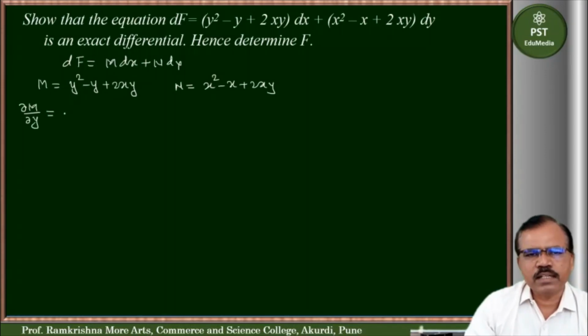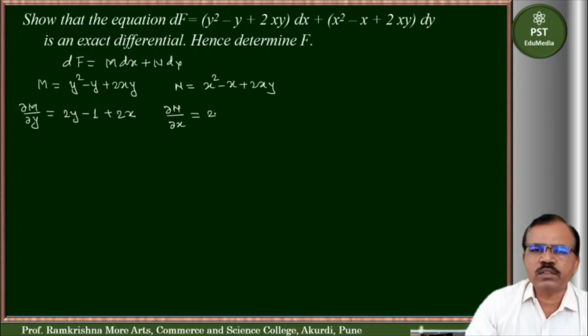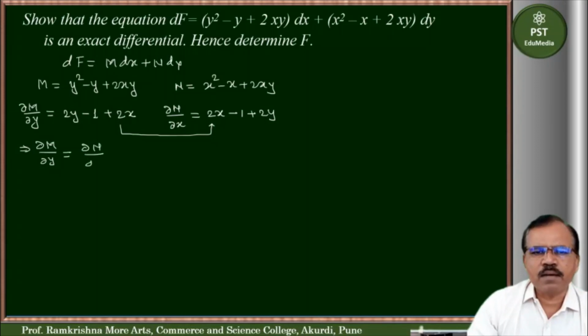Derivative of y square is 2y, derivative of y is minus 1, derivative of 2xy with respect to y is 2x. And del n by del x is equal to derivative of x square is 2x, derivative of x is 1, derivative of 2xy with respect to x is 2y. Now if we see these two, you will observe del m by del y is equal to del n by del x.